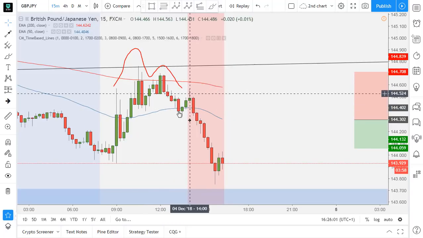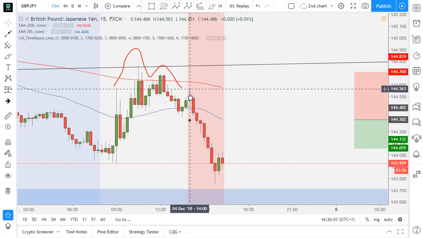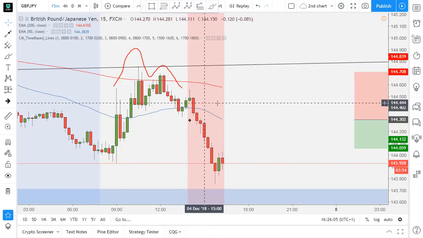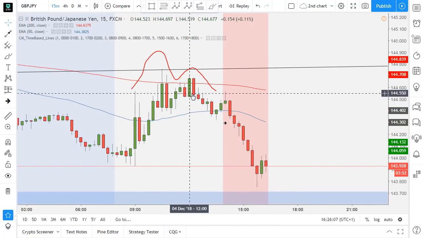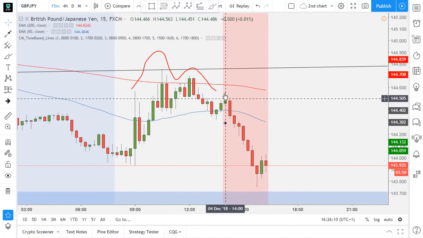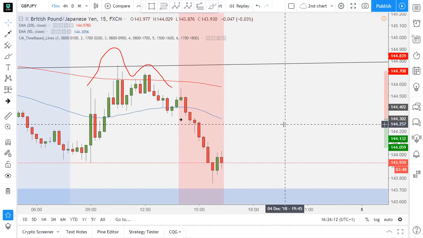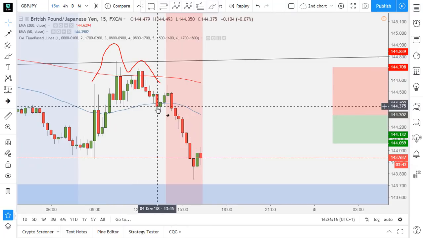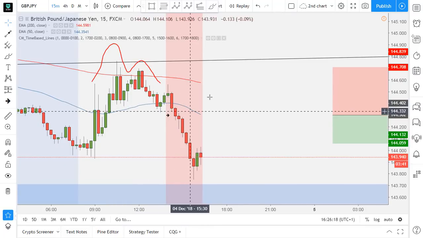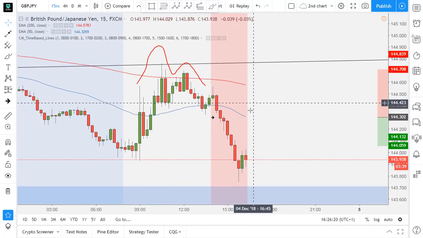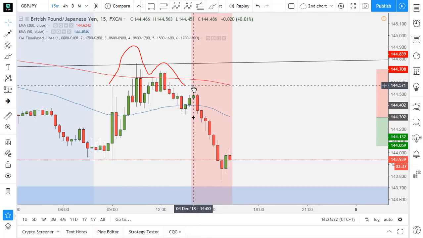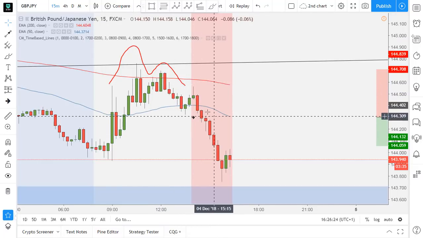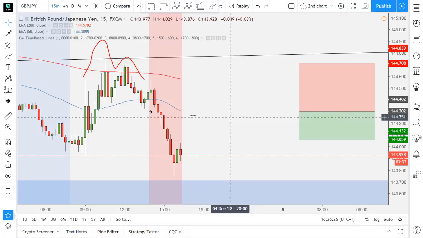Notice here how market pulled back and gave us a small stop hunt to stop the people that went down, let's say from here, and trade their stops. I've always explained in my videos the false move that always happens at the start of the NY session, and this is exactly what happened today. It's a stop hunt, false move, and then boom, this was our confirmation candle.